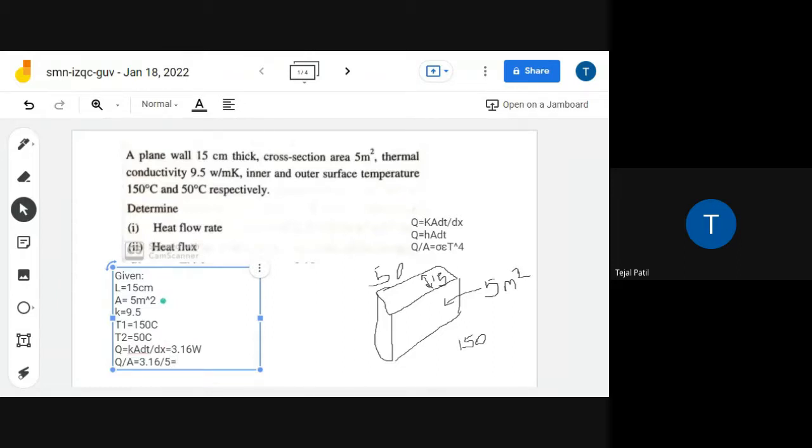Everybody, please let me know whether you are getting the same answer or not. 63.33. How much is the Q?